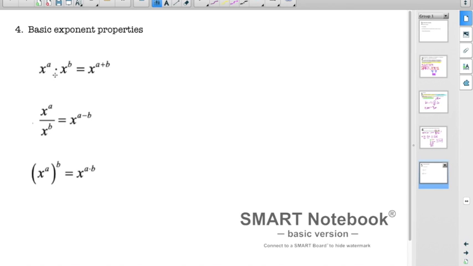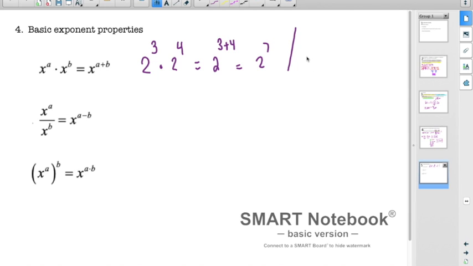If we have some number, x to the a times x to the b, it equals that same number raised to the a plus b. So if I had 2 to the third times 2 to the fourth, it equals 2 to the 3 plus 4, which equals 2 to the seventh.